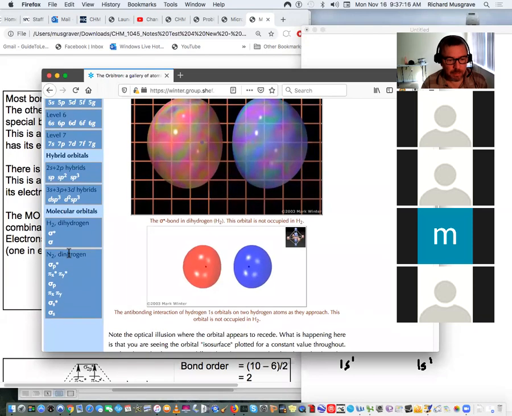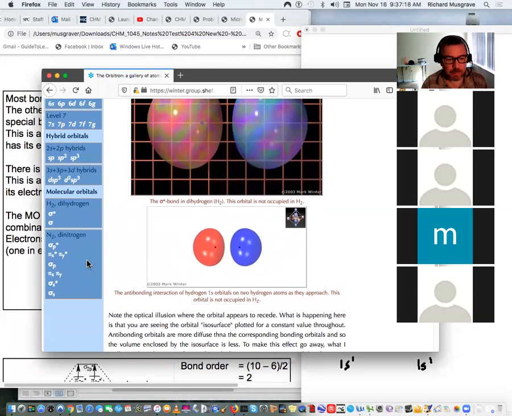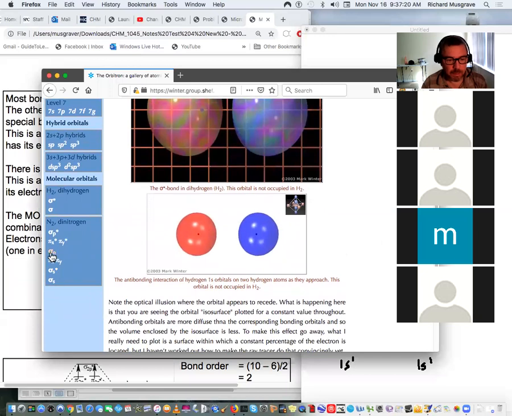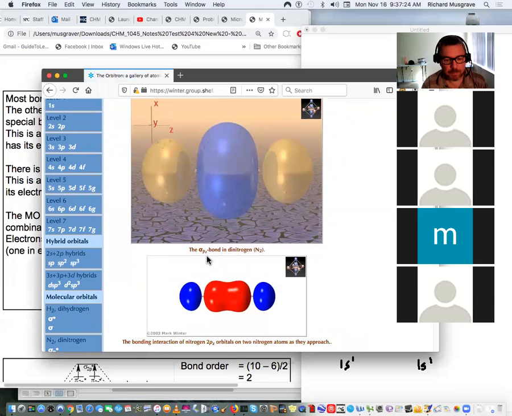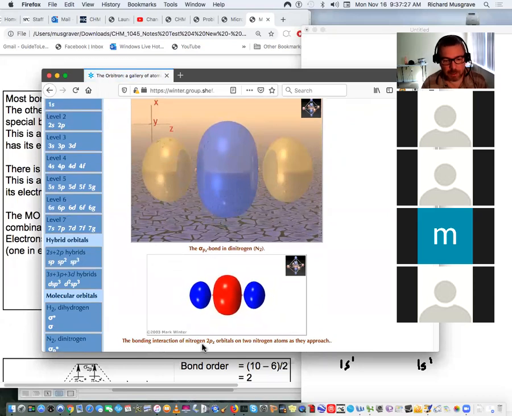So what I'm going to show you are the possibilities for combining p orbitals now. And we'll look first of all at the sigma p. Now, if you remember what the p orbitals look like, they're the dumbbell shapes. This one is along, they're calling it the z-axis.